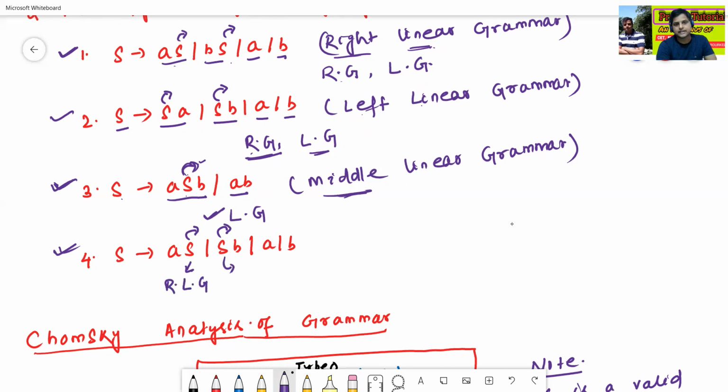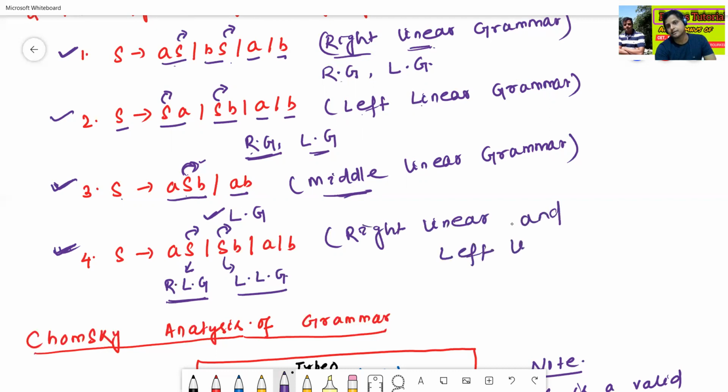But remember one thing, this grammar contains both right linear and left linear productions. Since it contains both, this grammar is called a linear grammar, but it is not a regular grammar.